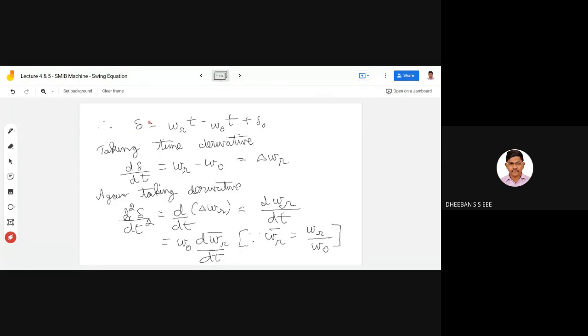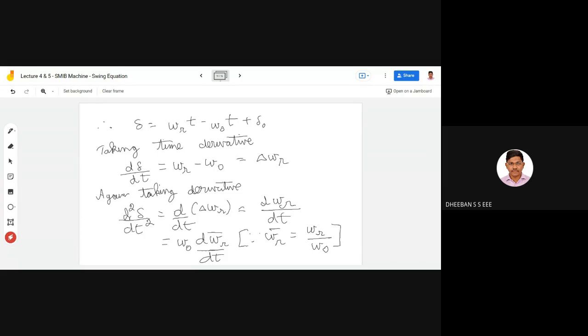And here you can see the relationship between your del and the time period t. This is a very important equation through which you can interrelate your frequency and your rotor angle.